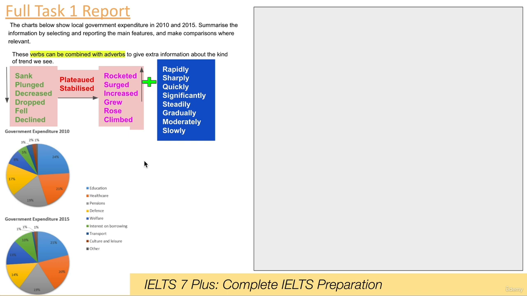So this is a visual reminder of that, and we can use these types of words. So different words for decline, plateaued, increased, and adverbs are really, really useful for task 1 to talk about how they change. So rapidly, significantly, moderately, and we'll use these throughout as well.